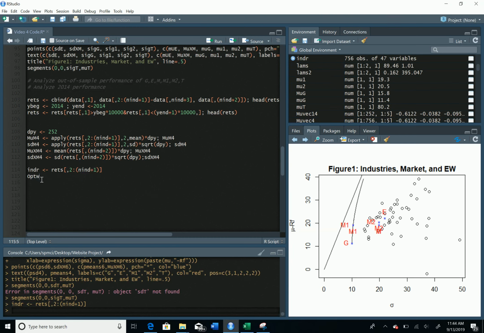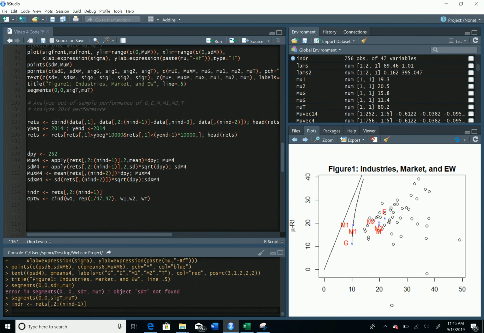So we're going to assign a variable OPTW, and we're going to use the cbind function to combine the optimal weights. And we have WG, and the equally weighted portfolio is just a repetition of 1 divided by 47 times. And then we also have our weight from our M1 portfolio, our M2 portfolio, and our tangency portfolio.